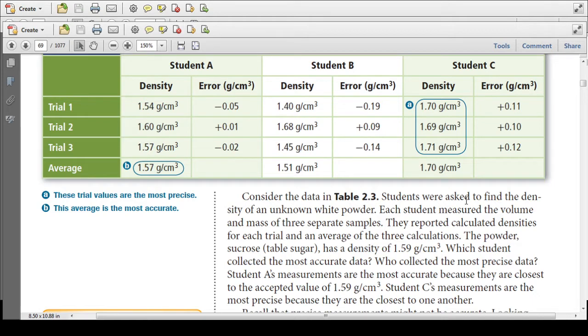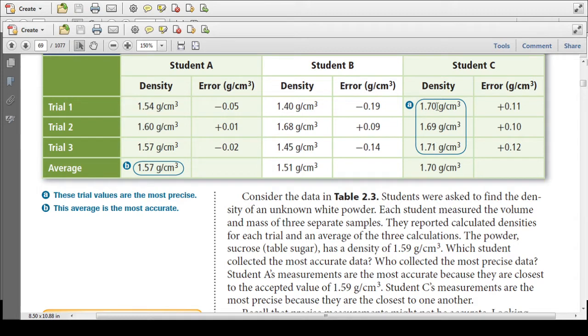If we look at this, student A's measurements are the most accurate because they are closest to the accepted value of 1.59. In this case, he took the densities and averaged them, and he got the data here, which was the most accurate. Student C's measurements are the most precise because they are closer to one another, even though they're not closer to the accepted value of sucrose.